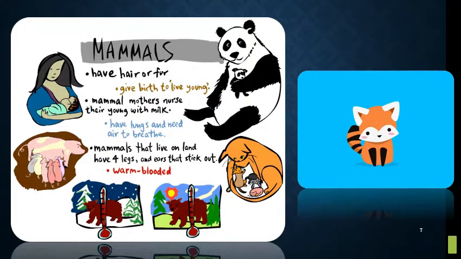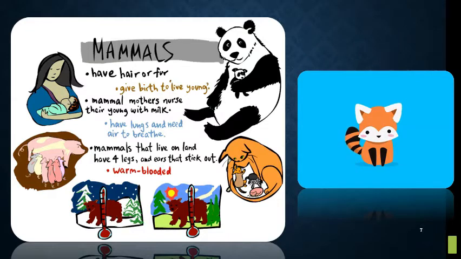Now what happened with the mammals? The mammals have hair or fur. So as you can see, hair or fur in the entire body. They give birth to live young, well, to newborn babies. Mammals' mothers nurse their young with milk.